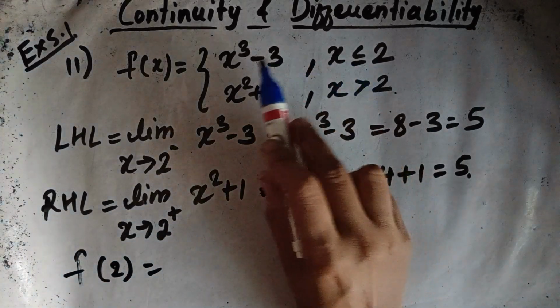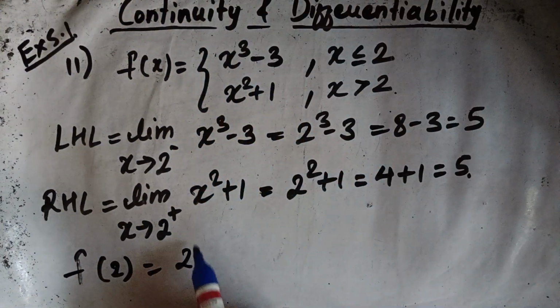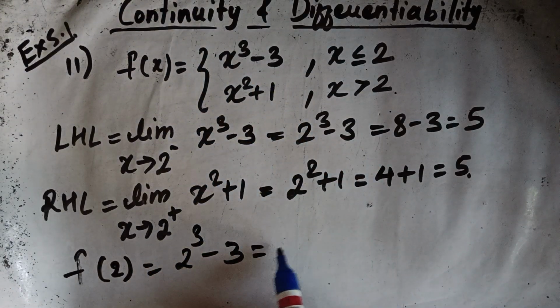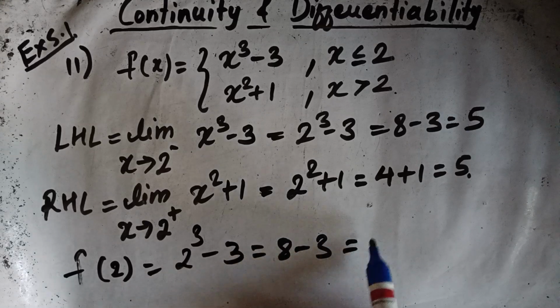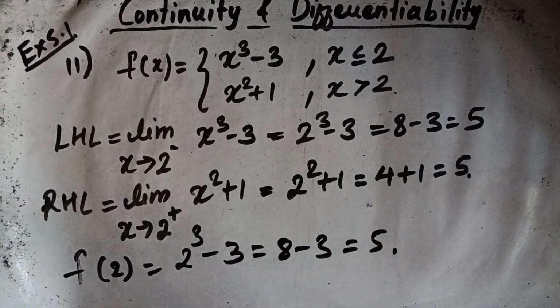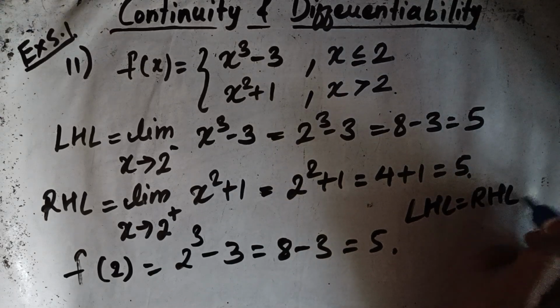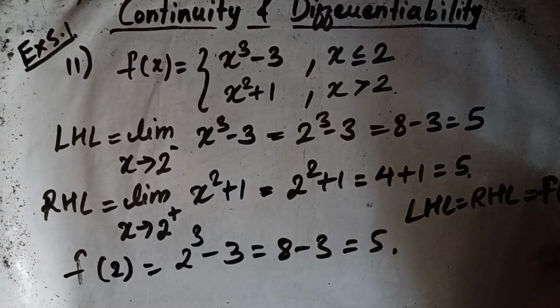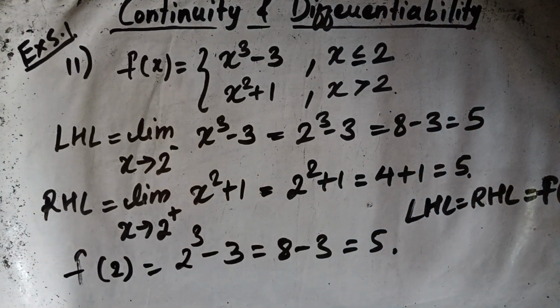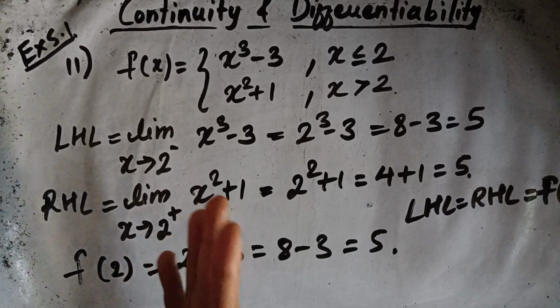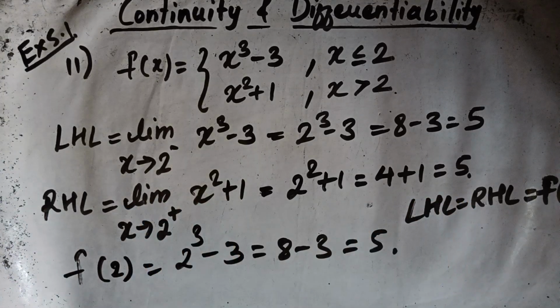For f of 2 you take the first function again, so 2 cube minus 3 gives 5. Again, left hand limit is equal to right hand limit is equal to f of 2. So at 2 this function is continuous. So the given function has no point of discontinuity.